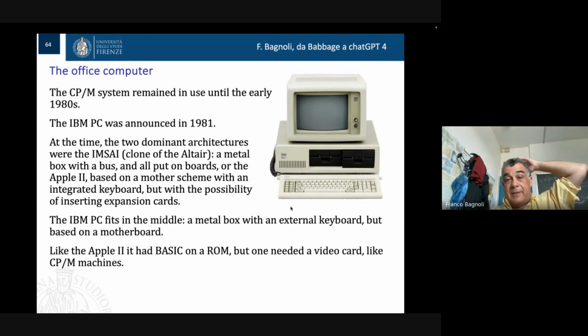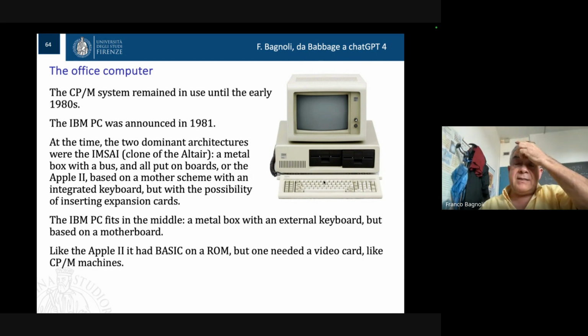So IBM started to consider the idea of entering this home computer market, but since it had already experience of having partners, they did not want to develop this by itself. They wanted to have someone else develop this, which was extremely experimental and was not considered to be a source of large revenues.